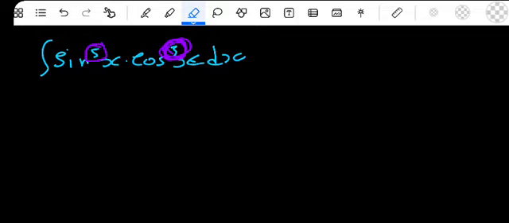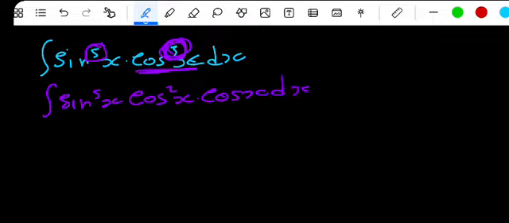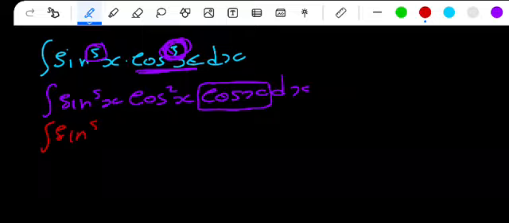So if you are given such a case, you can write cos raised to the power of 3 as cos squared multiplied by cos x dx. So actually this is what we want to obtain. The cos factor is raised to the power of 1. That is good.